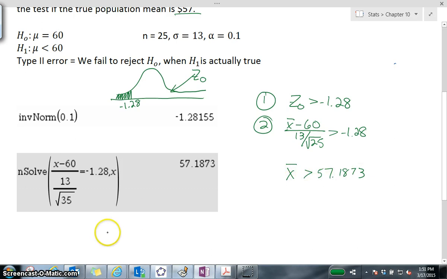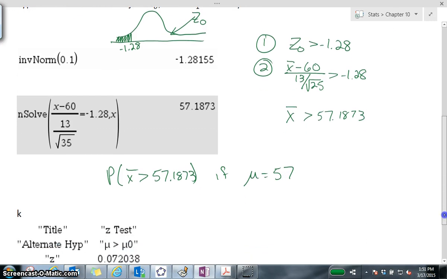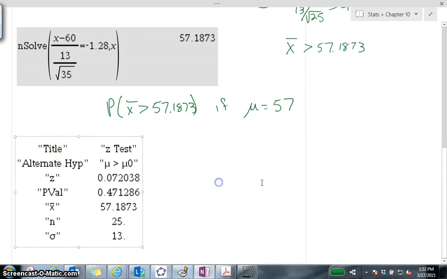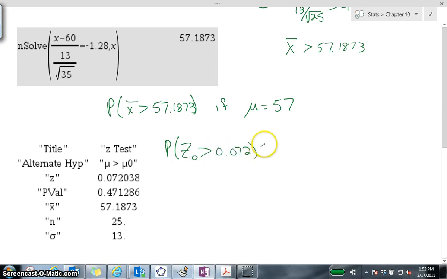So now what we want to find is the probability that we get X bar greater than 57.1873 if our mu is that new mu, that 57 we now know is true. So we just put that into our calculator. And we have the same thing as finding our probability that our Z0 is greater than 0.072, which is approximately 0.47.